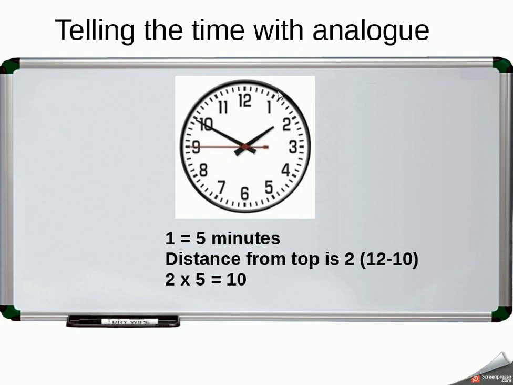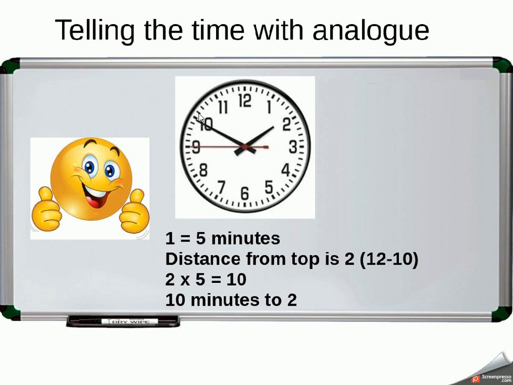A reason for that is that it's past the 1 hour, and if we count it around this way, 1, 2, 3, 4, 5, 6, 7, 8, 9, 10, multiply it by 5 is 50. So the other way of saying that is that it's 1:50. It's either 10 to 2 or 1:50.